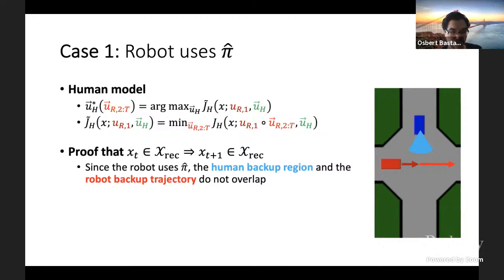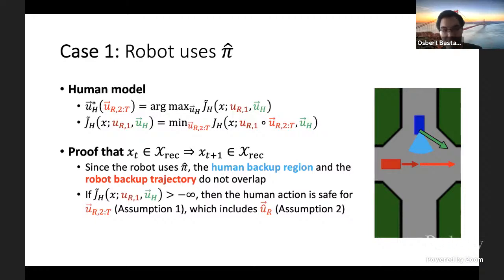So the proof basically goes as follows. Since we're using the optimal policy, by the check that our algorithm did, we know that the human backup action and the robot backup trajectory do not overlap, because that's the check that we did using abstract interpretation. And they also bring the system safely to a stop. So first, let's assume that the robot takes an action u_H such that the objective value J tilde H is greater than -infinity.